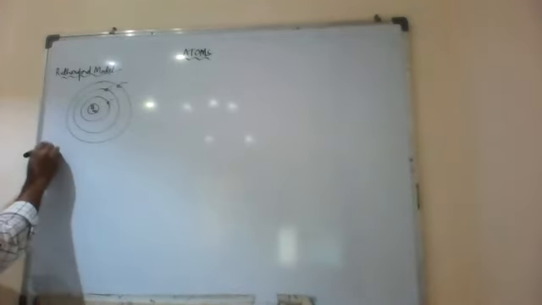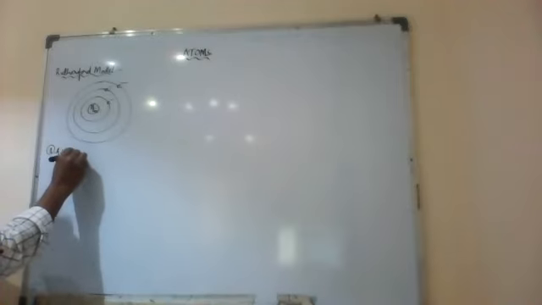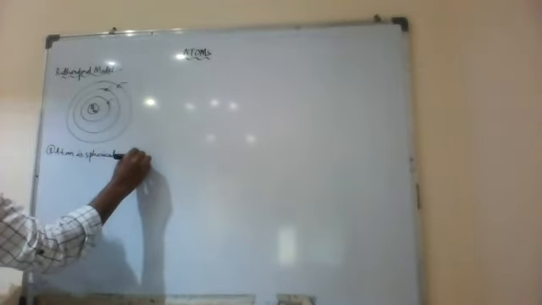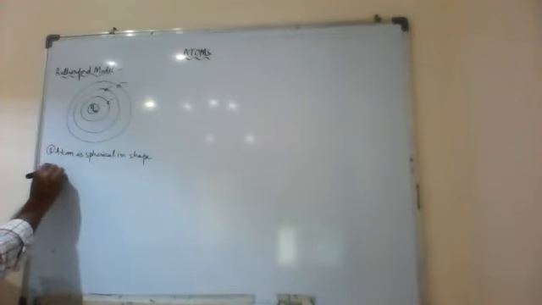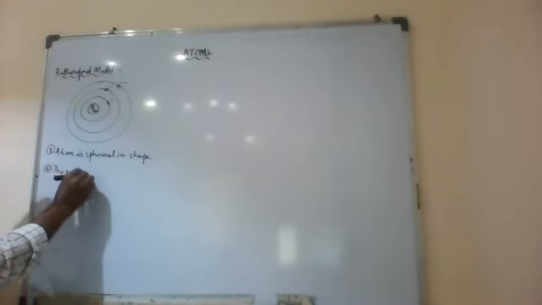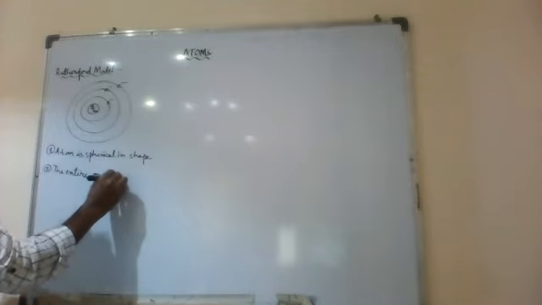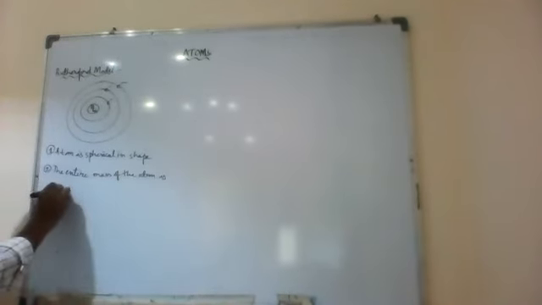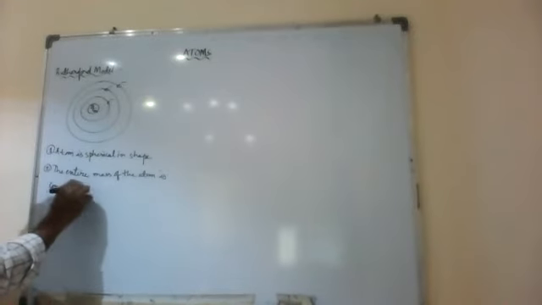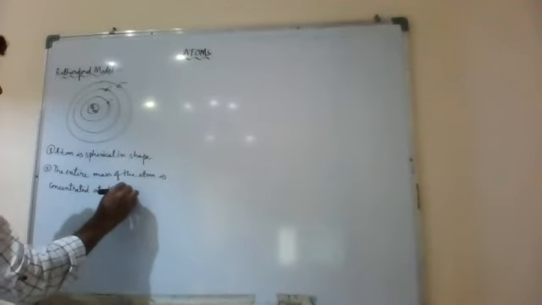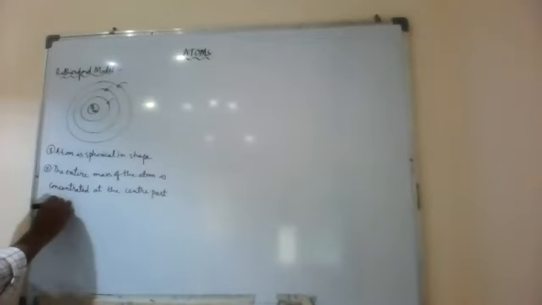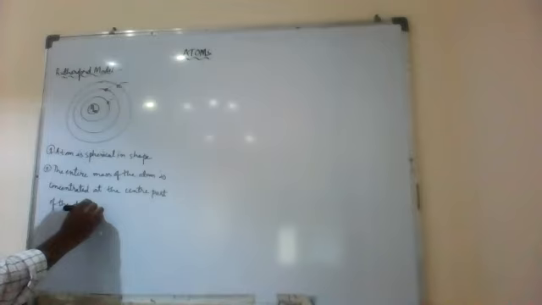It has protons and neutrons, and electrons are revolving around it. He said that the atom is spherical in shape. Second, the entire mass of the atom is concentrated at the center part of the atom, called the nucleus.